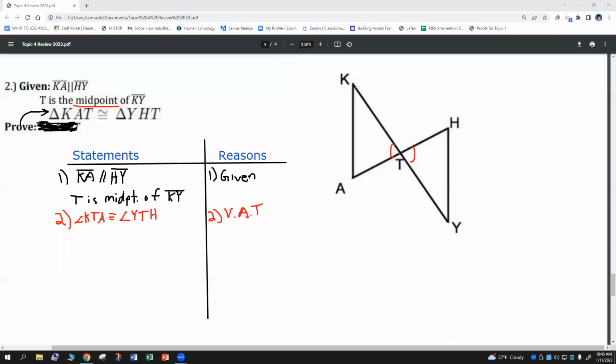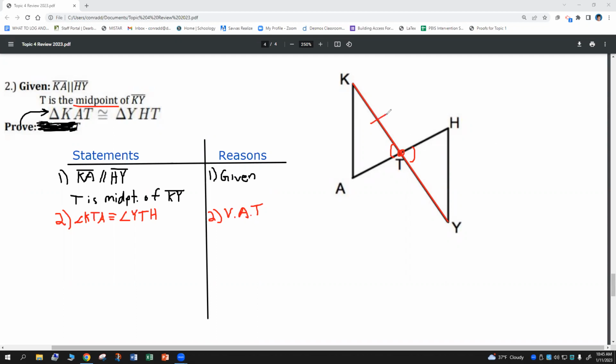Okay, so if I look at this, here's KY. And T is right in the middle. So if KY was 10, just hypothetically, then KT would be 5 and TY would be 5, right? Because we're splitting the 10 in half, 5 and 5.